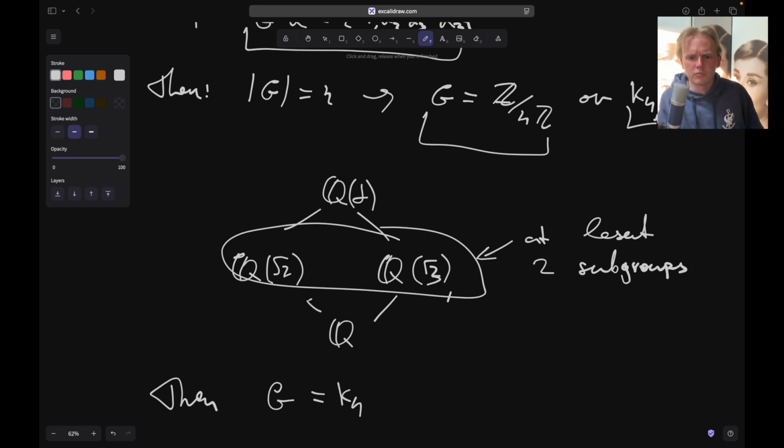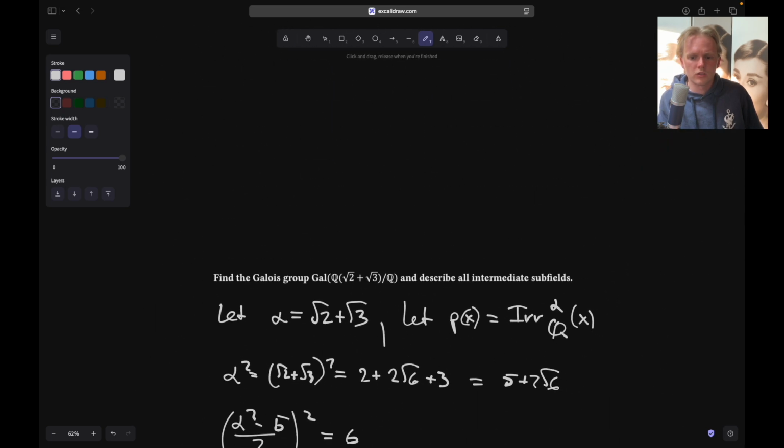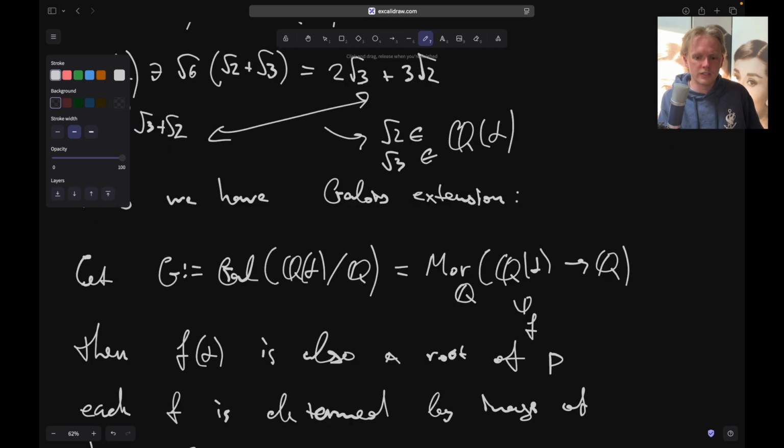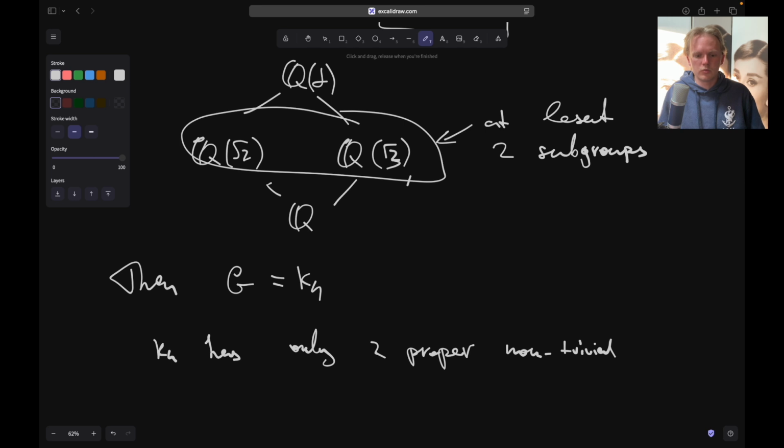I think that was the second part of the question. So we need to describe all intermediate subfields. Okay, it's easy because K4 has only 2 proper non-trivial subgroups.